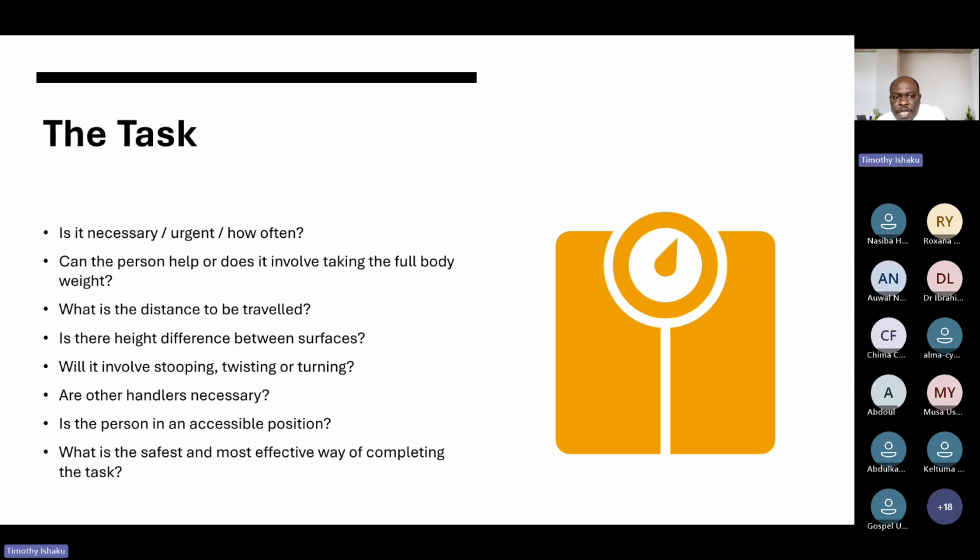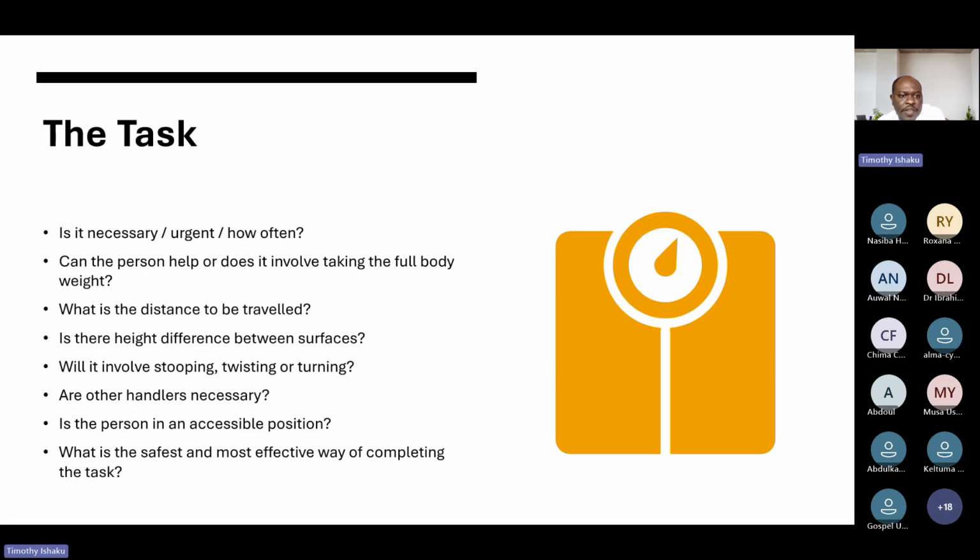And is the person that you are performing the task on in an accessible position? We talked about the space in patient handling, the space at which you do the task. How tight is the space? Do you have enough space? Can you reposition the person to carry out the task? All these things we need to consider when you're doing the task.